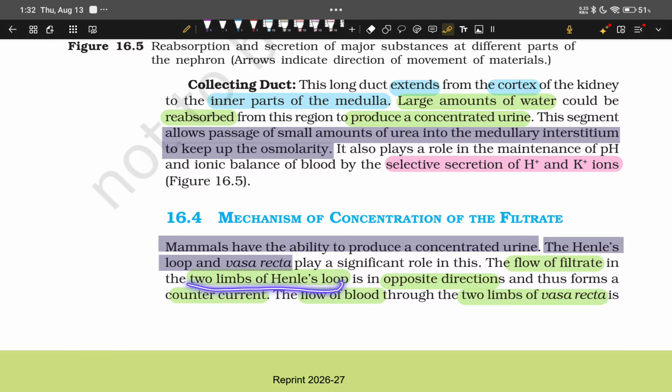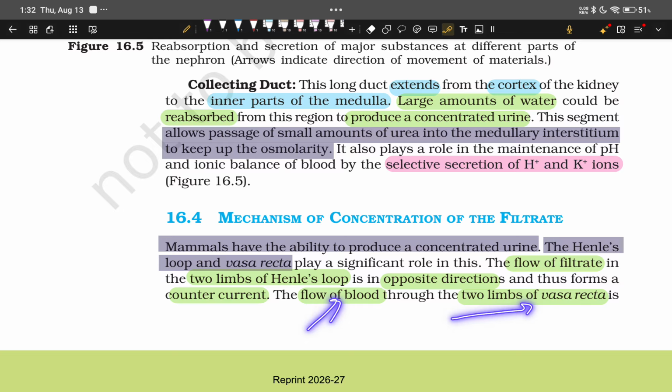So there is countercurrent between the two limbs of loop of Henle. The flow of filtrate is in opposite directions in the two limbs, which forms a countercurrent. Then we have flow of blood in the two limbs of vasa recta. Vasa recta is part of the peritubular capillary.